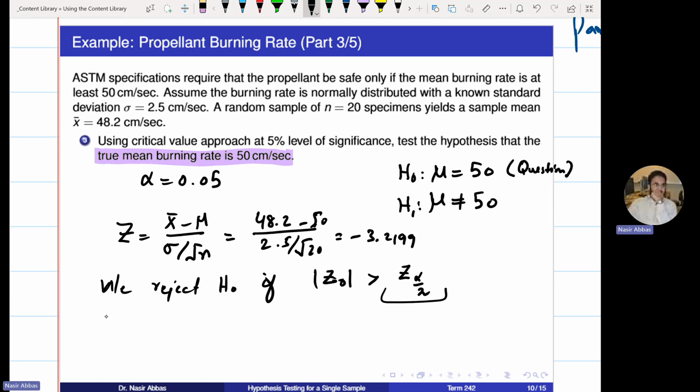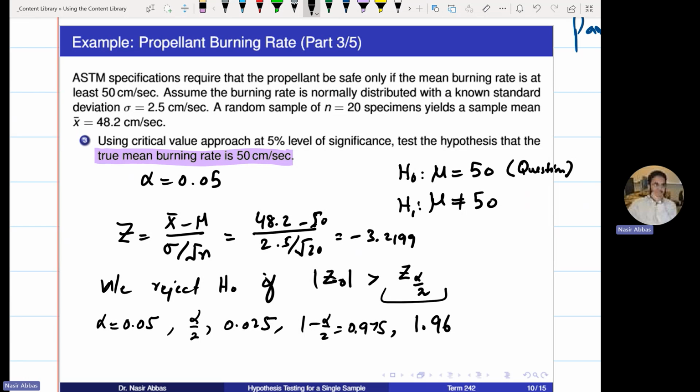What is alpha? What is alpha by 2? What is 1 minus alpha by 2? So look for this 1 minus alpha by 2 in the table, and the corresponding value of Z is the critical value. What is that? 1.96. We remember this value is very popular for chapter 8 for 95%.